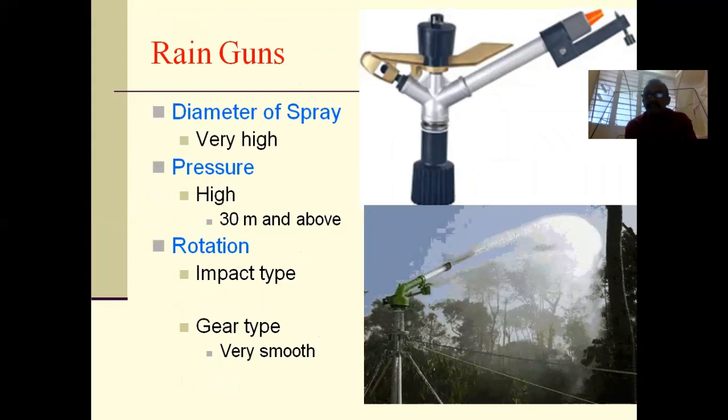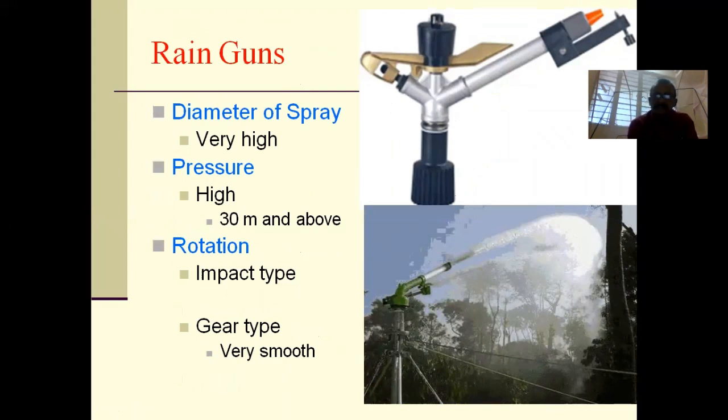And in rain guns also there are two kinds of rotation of sprinklers possible. One is impact type, and it has a rocker arm which causes the rotation. And there is one more kind of rotational facility for the rain guns: a small gear is placed inside, and that gear gets energy from the incoming water, and that gear causes the rotation.